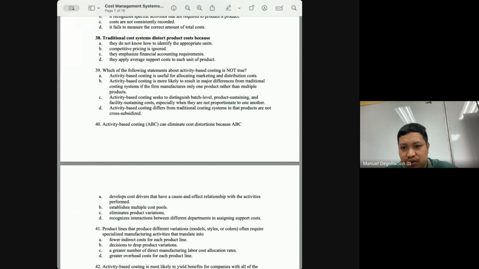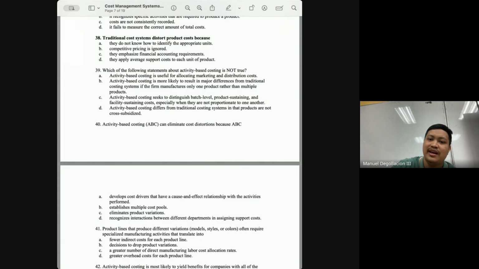Letter C, activity-based costing seeks to distinguish batch level, product sustaining, and facility sustaining cost, especially when they are not proportionate to one another. That's true. Activity-based costing differs from traditional costing systems in that products are not cross-subsidized. Because basically, cross-subsidized kasi is just your overcosting and your undercosting.